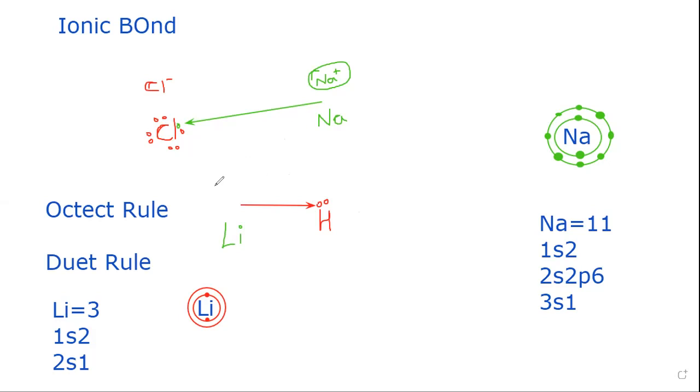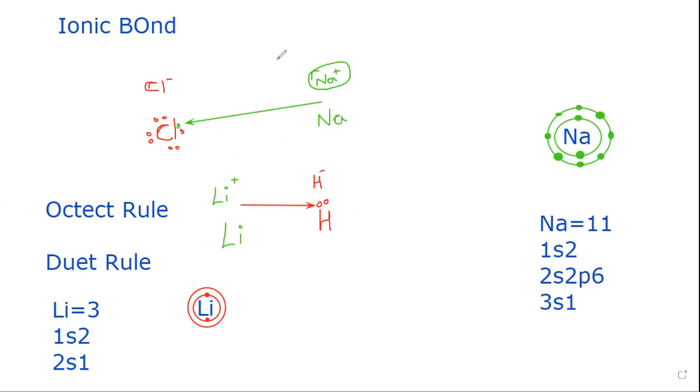Which one is going to be the negative? Talk to me. Lithium will be the positive one. That is correct. So lithium is going to be the positive, the plus sign here. And hydrogen is going to be the minus sign here.